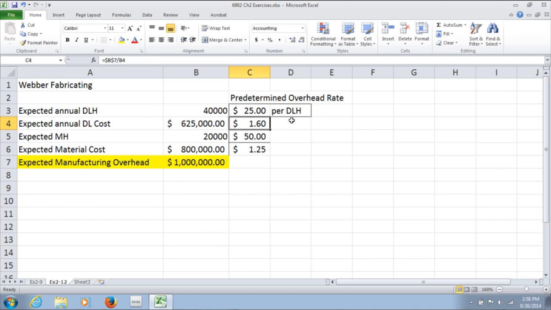So in this case, 1 million divided by 625,000, so $1.60 per direct labor dollar. Machine hours would be $50 per machine hour, and then material cost would be $1.25 per dollar of material.